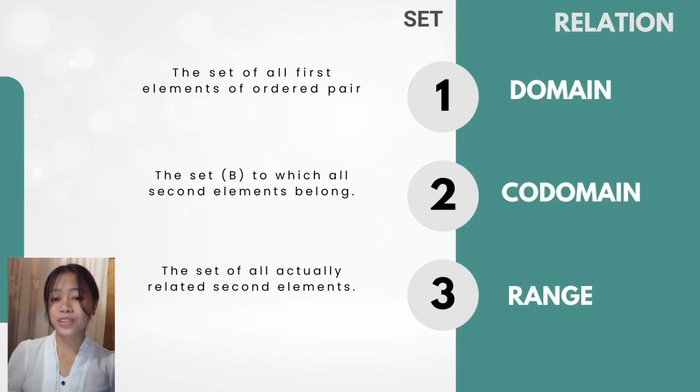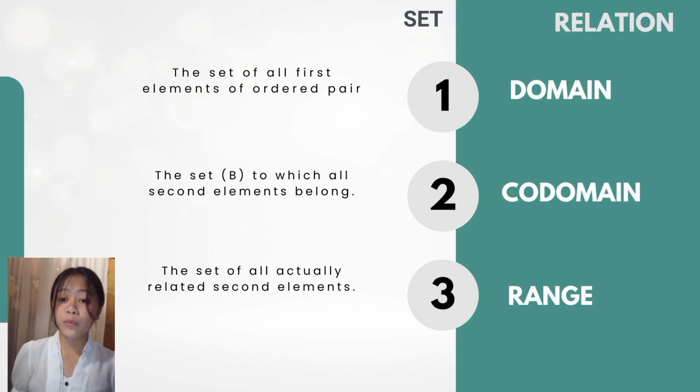Now let me introduce to you the anatomy of a relation. This is very important, especially when you learn about functions, because we use specific language to describe these sets and you learners must master this anatomy. First is the domain. This is the starting set. We often think of this as the set of inputs, that is the x values, right?